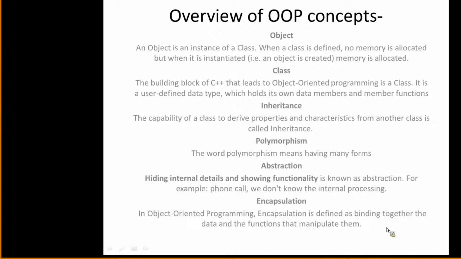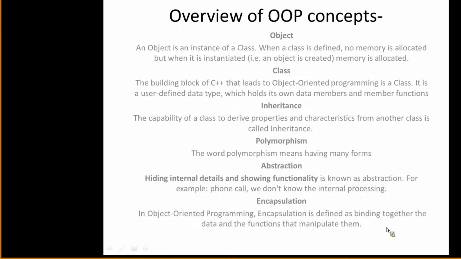Poly means many, so one thing taking n different forms is called polymorphism.